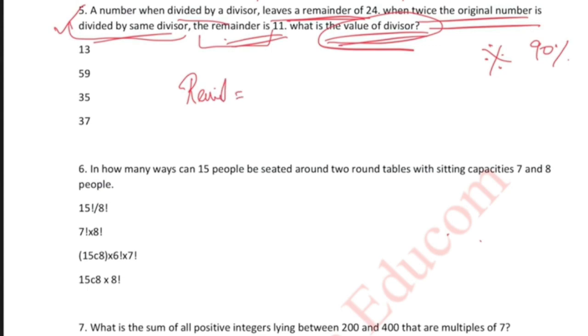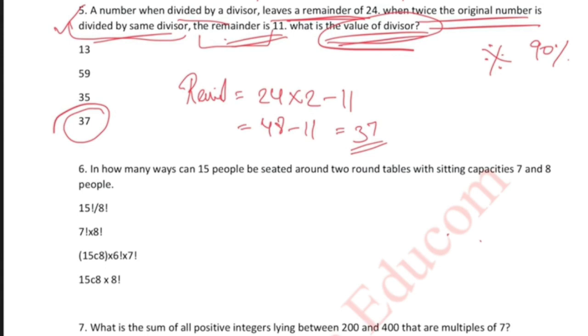Divisor is equal to 24 into 2 minus 11 according to the given question, right? On solving this, you will get the final answer. The value of the divisor is 48 minus 11, which is 37. 37 is the answer, which is the last option. So hope you got it, and that's a very easy question. So let's come to the next question.